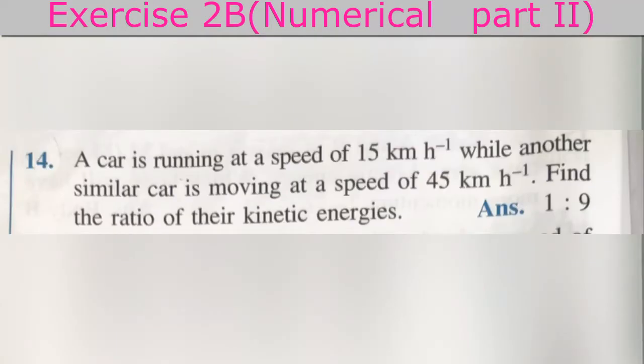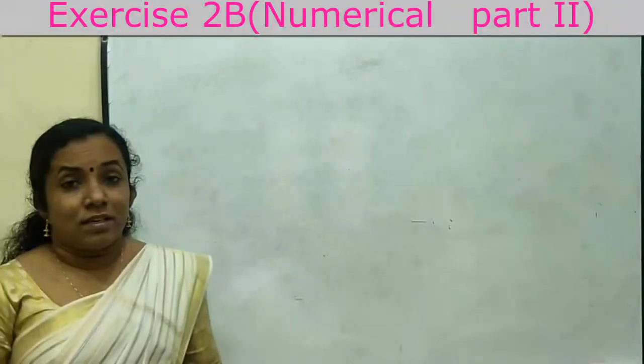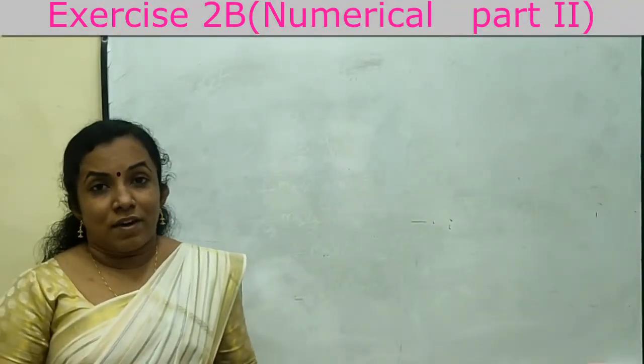A car is running at a speed of 15 km per hour while another similar car is moving at a speed of 45 km per hour. Find the ratio of their kinetic energy. In the question, two cars are given.